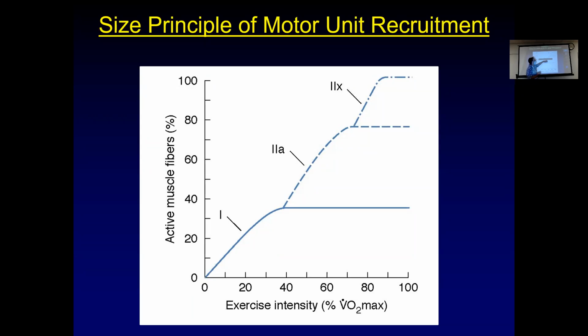Our biggest motor units are going to be connected to type 2X fibers. Type 1 or slow twitch muscle fibers are quite resistant to fatigue. They're good for endurance. Type 2X fibers tend to be very, very fatigable.